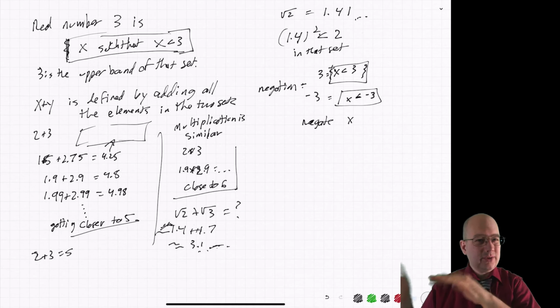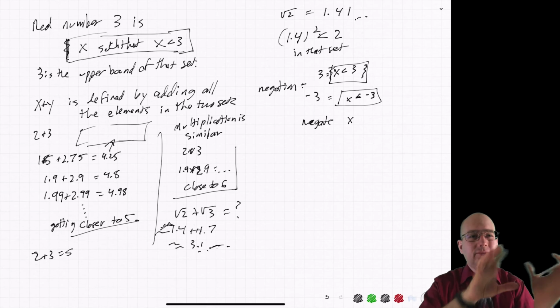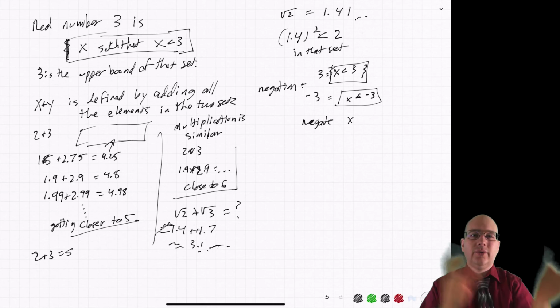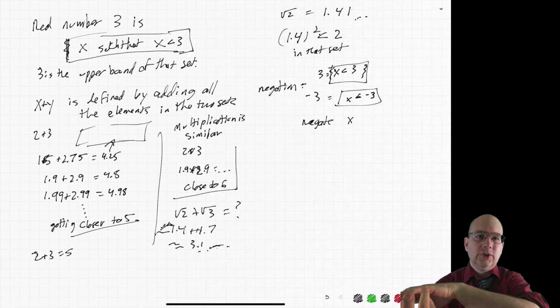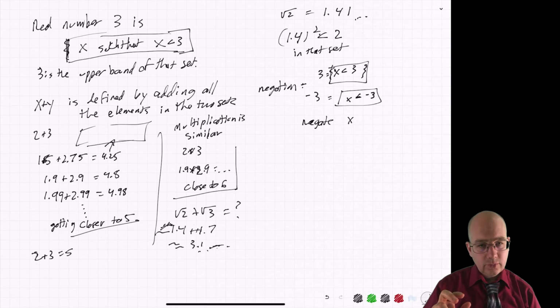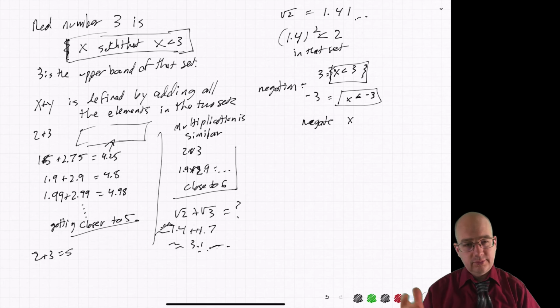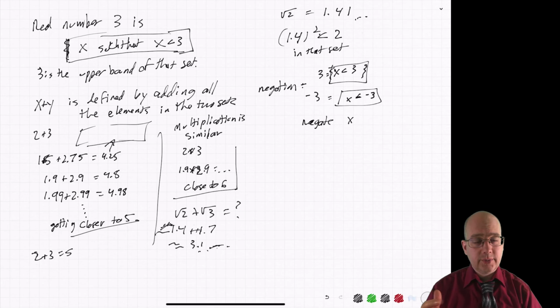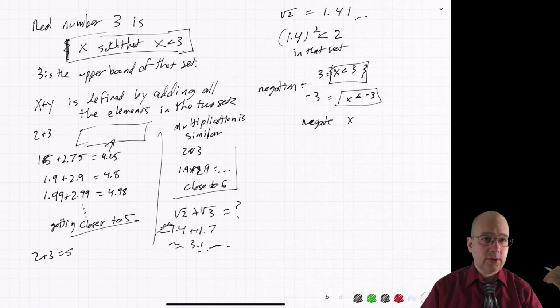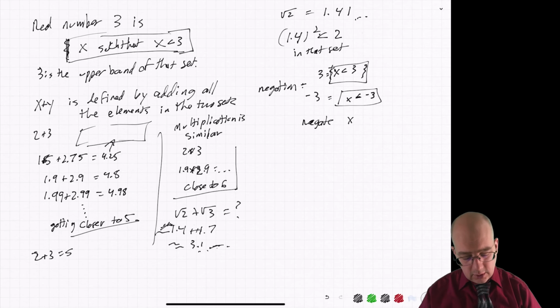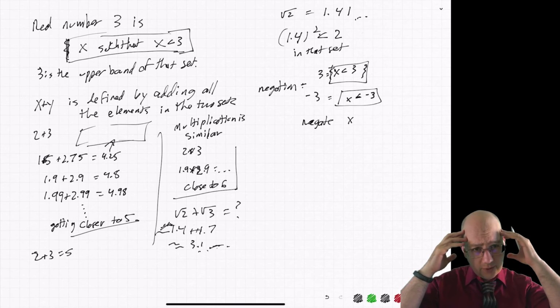So negatives kind of flip what's above and below, and so you do that. And then taking the reciprocal of something, 1 over, is 1 overing the stuff in that set. It's larger. Anyway, so there's a lot of little things to deal with there.